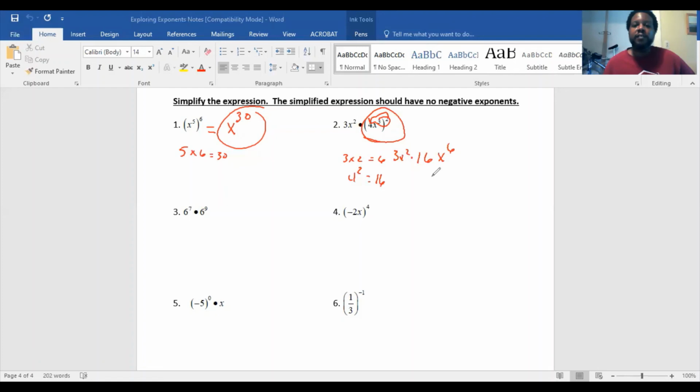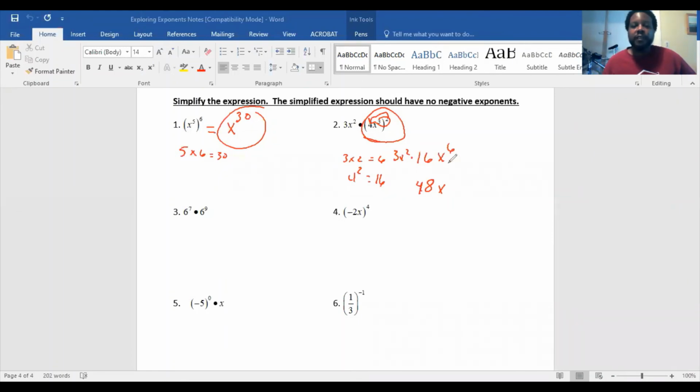And we're going to do 16 times 3 is going to give us 48. X to the 12th. Sorry, x to the 8th. I already forgot my rule.